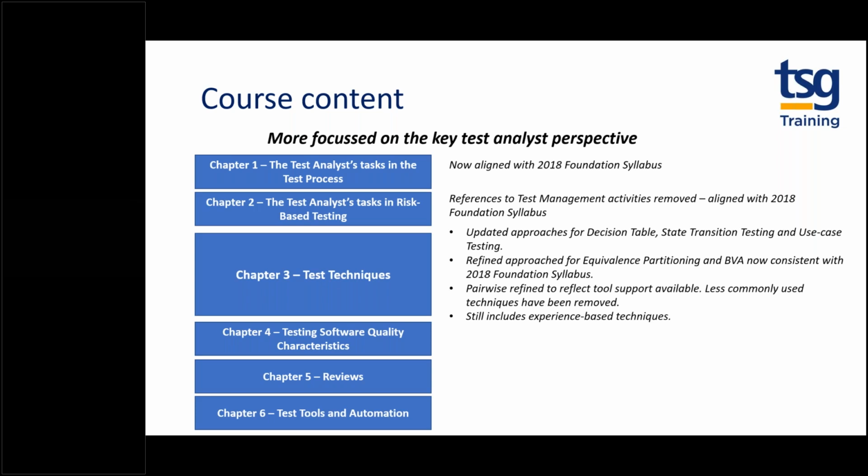Now, when it comes to the testing of quality characteristics, there's been work done here to make this consistent with ISO 25010, whereas previously we were using ISO 9126. So the terminology is now consistent with 25010 and is being fleshed out a little bit.